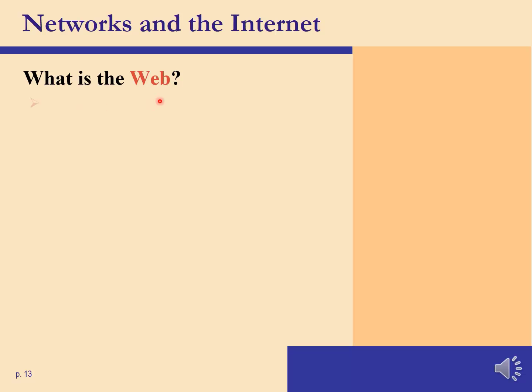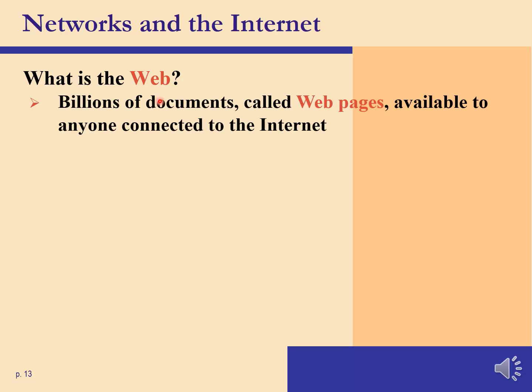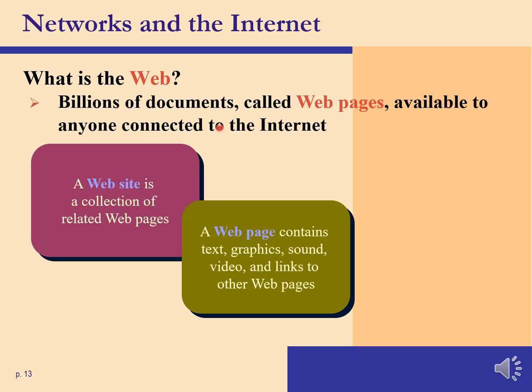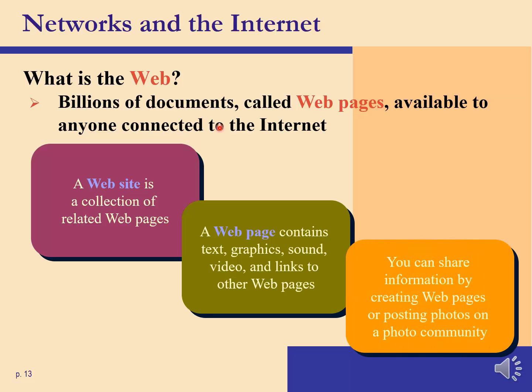What is the web? A website is a collection of related web pages. What are web pages? Web pages contain text, graphics, sound, video, and links to other web pages. Billions of documents called web pages are available to anyone connected to the internet.